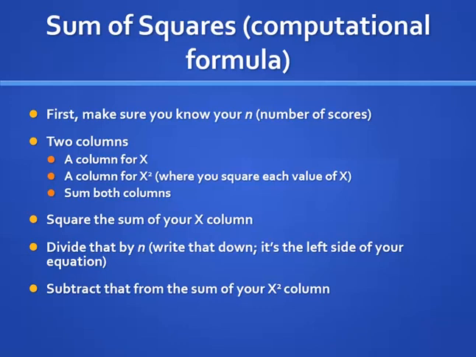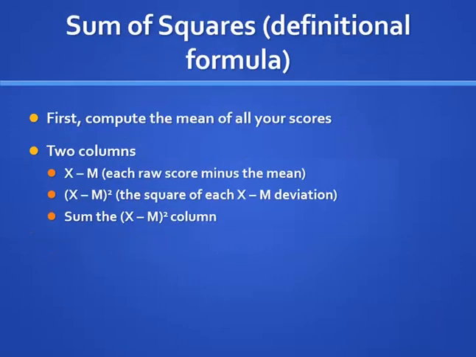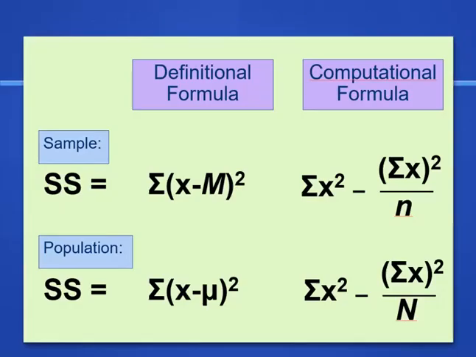Okay. Let me go back to the formula, right? I said you're going to end up with a column that's sum of x, and you're going to end up with a column that's sum of x squared. Now let's look at this formula again. So sum of x is right here. It's part of the equation. So when you add up all of your x values from your column, then you've already done this part. And when you add up all of your x squared values, you've already done that part. So that's the nice thing about the way that I do this, right?